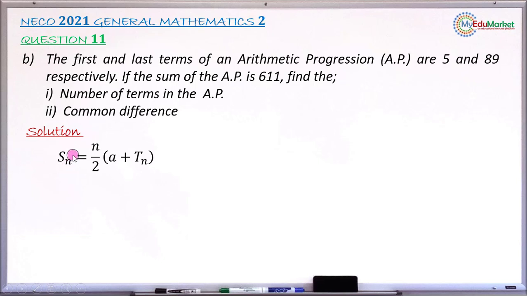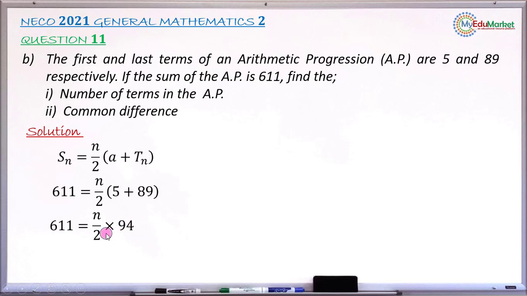Substituting Sn by 611, A by 5, and Tn, the last term, by 89, you have 611 equals n over 2 multiplied by (5 plus 89). Addition of 5 and 89 gives 94. So you have 611 equals n over 2 multiplied by 94.